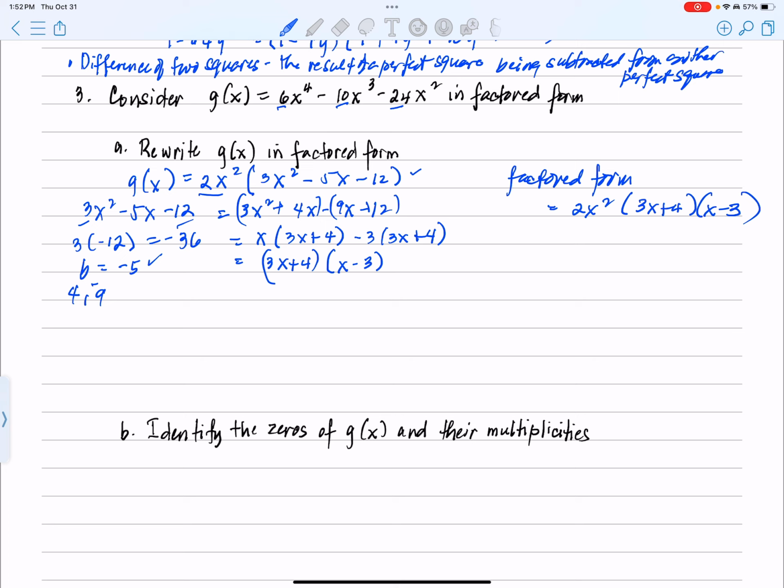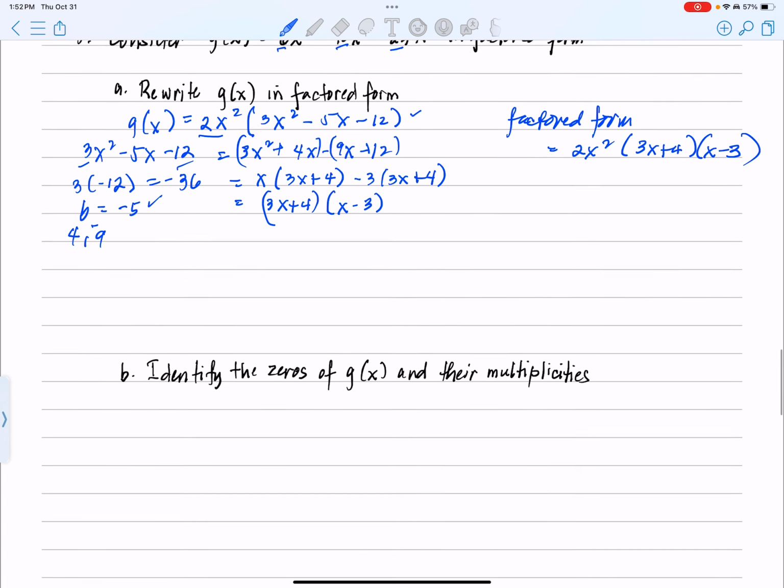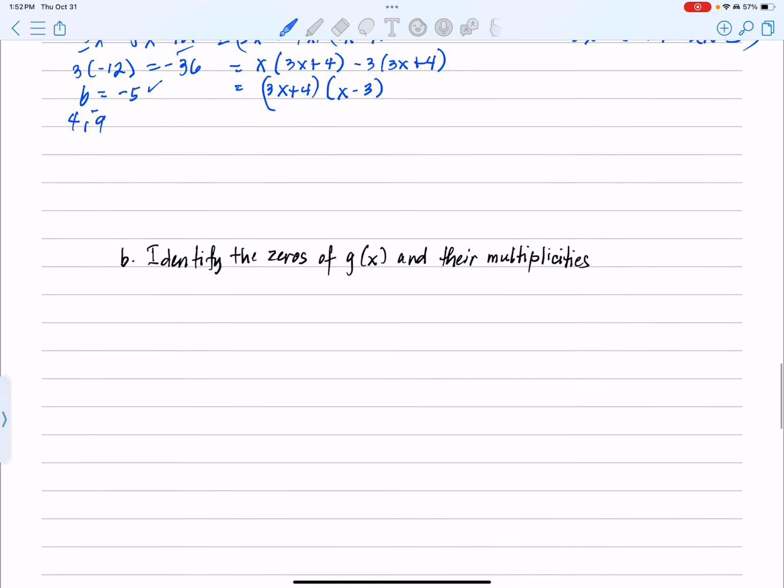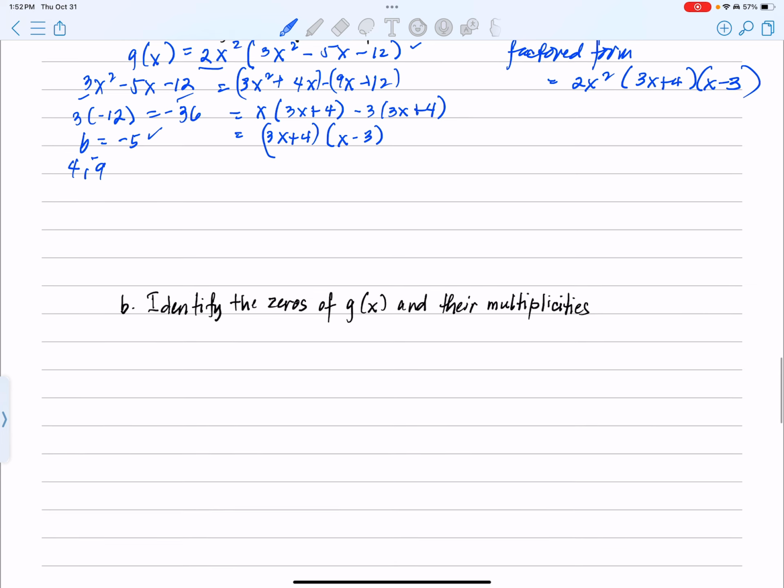Identify the zeros of g of x and their multiplicities. So, finding the zero, you have to equate the form equal to zero, right?